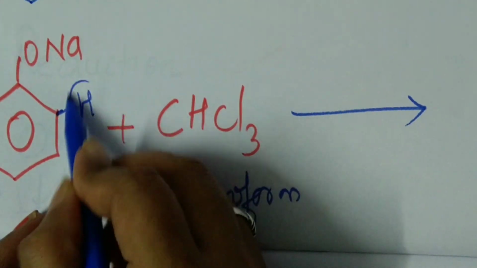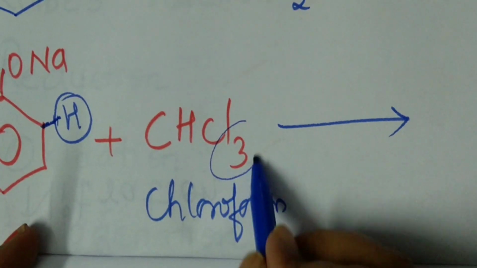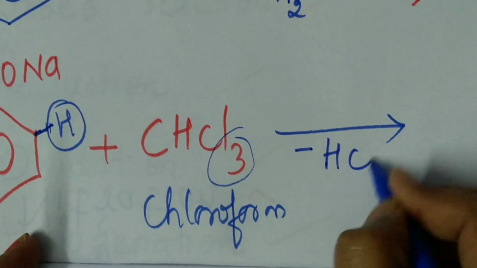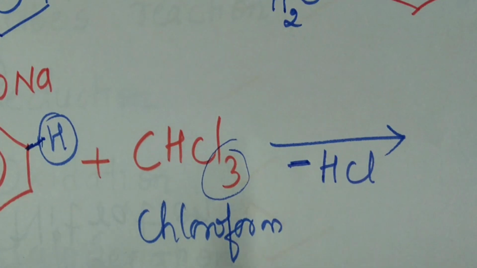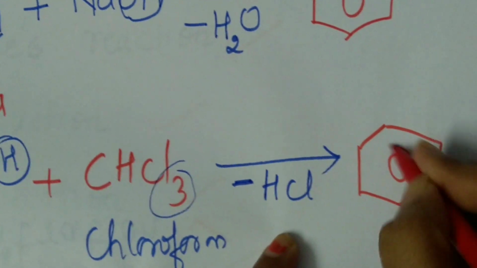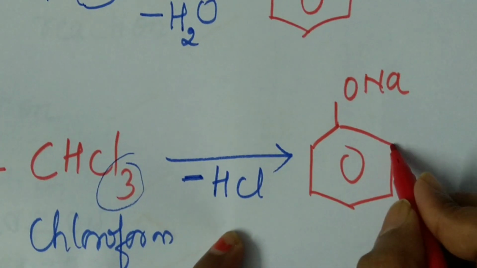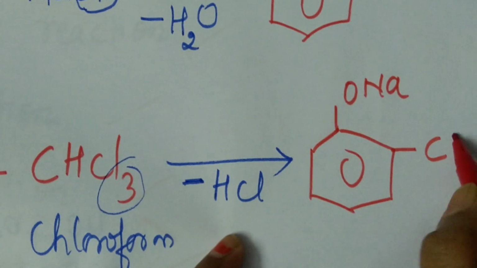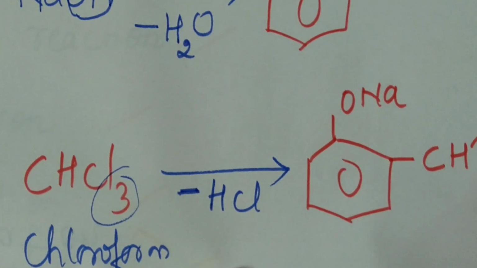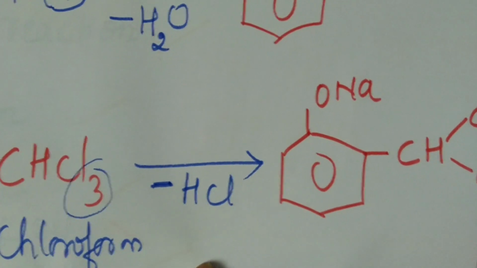So one hydrogen from here, which is hidden in the benzene ring, and one chlorine from here goes out. So what do I get? HCl. So minus HCl. So what is left out? Sodium phenate, ONa, to which this position is free, to which CH, how many Cl are left out here? 2. So 2 Cl atoms comes inside. So we get this particular compound.